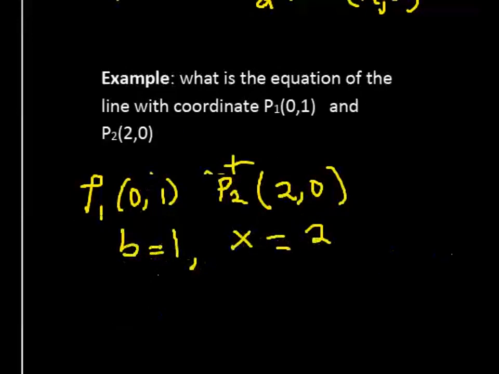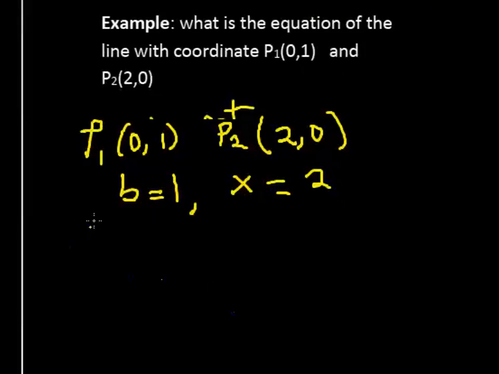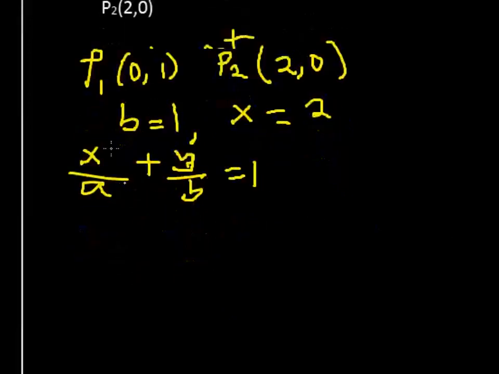Applying our general equation, remember the equation is always x all over a plus y all over b is equal to 1. So let's do this. x all over a, which is 2, plus y all over b, which is 1, is equal to 1.